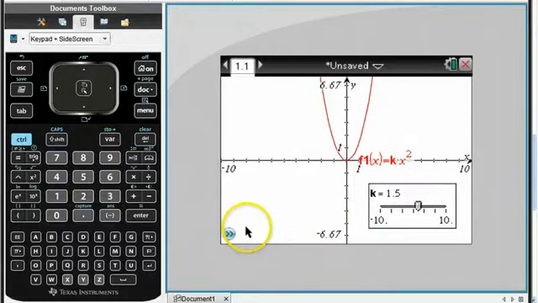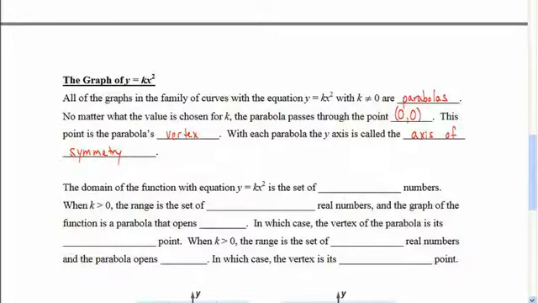So from this we can get some other information. Let's go back to our notes. First off, we've talked about domain and range. The domain here is going to be the set of all real numbers. Now when k is greater than 0, the range is going to be the set of non-negative real numbers.